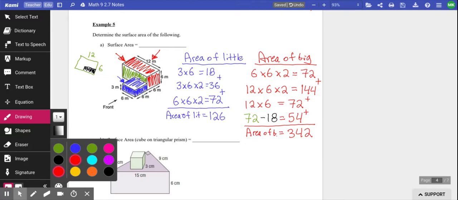If you wanted to figure out the surface area of this whole building, you add them together. My final answer is 126 plus 342 for a total of 468. I think that's the best way to approach that question.